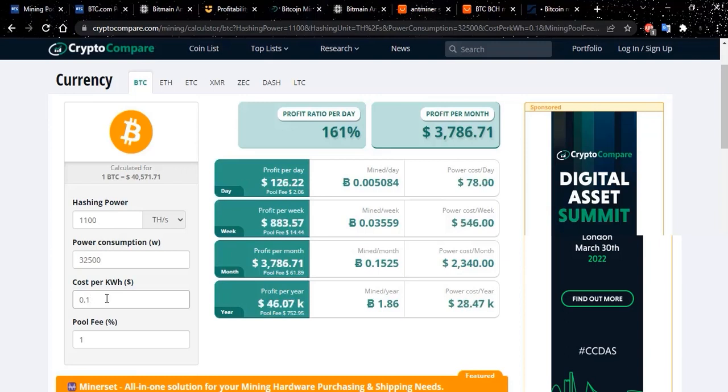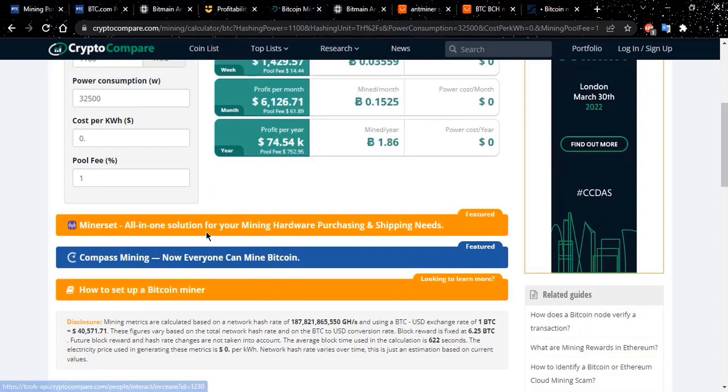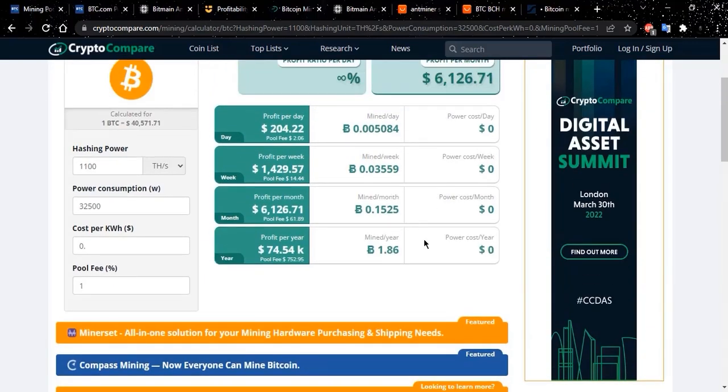Maybe it's 13 cents, maybe it's 12 cents, maybe it's 15 cents. I have no idea. So you can calculate or type in this to only change the cost per kilowatt. That's it. The power consumption can stay like that. Hashing power can stay like that. But this calculation is based on 10 ASIC machines. So now you must decide if it's profitable or not.